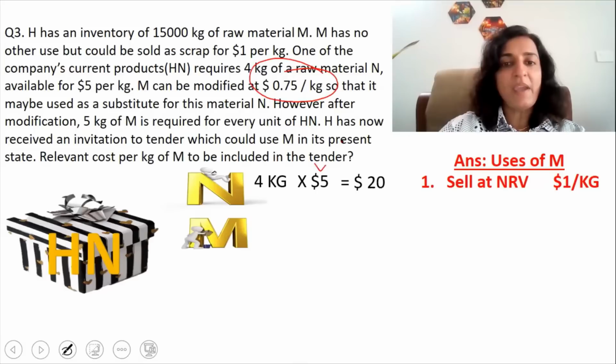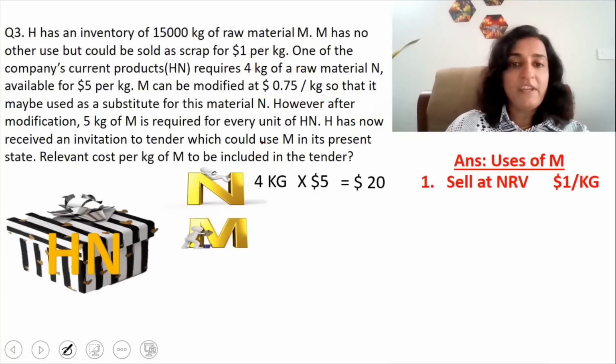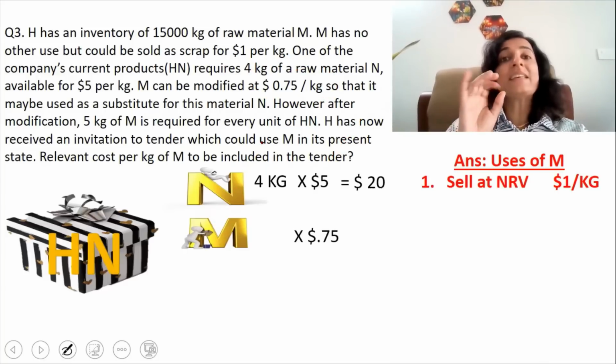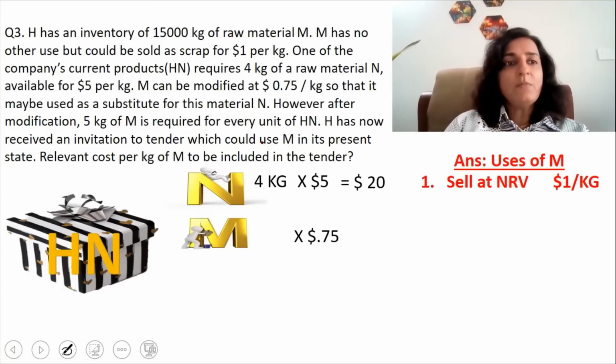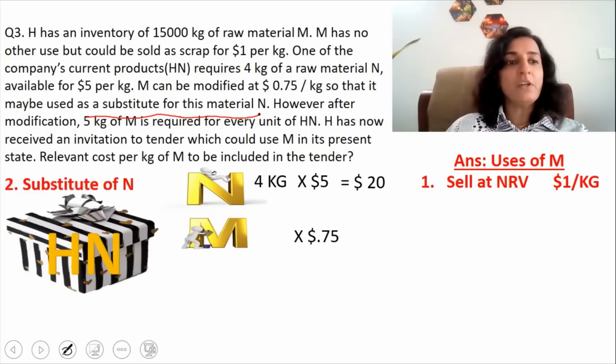That is, instead of paying $5 for N, we could use raw material M and the modification charge is $0.75. That's cheaper, right? So that it may be used as a substitute for this material N.